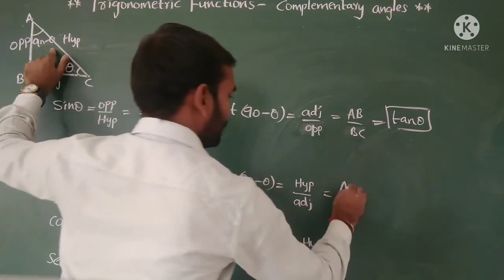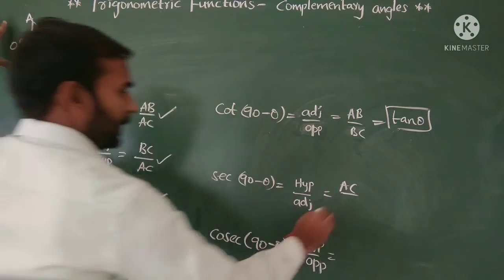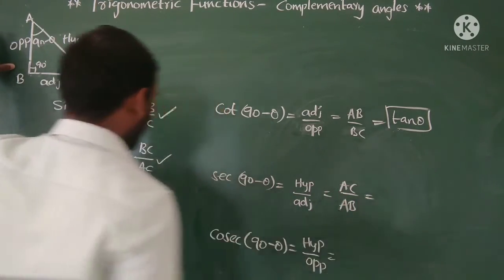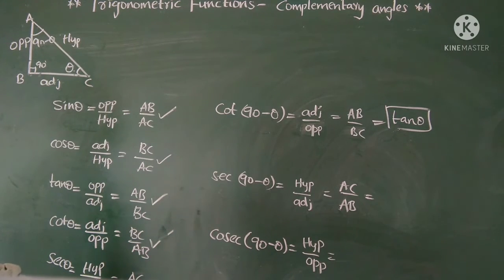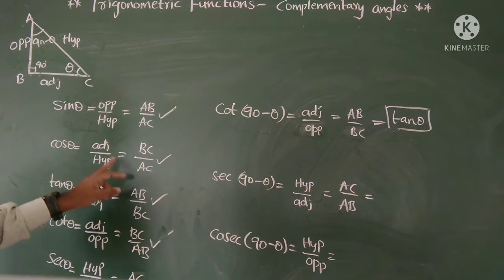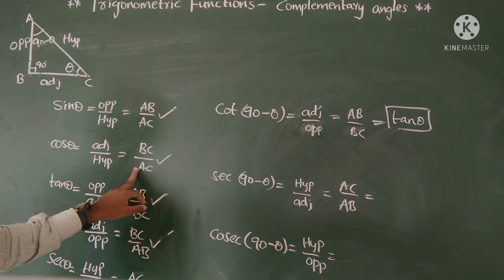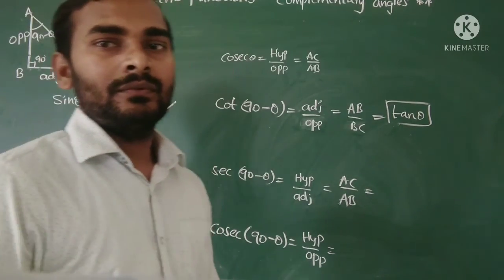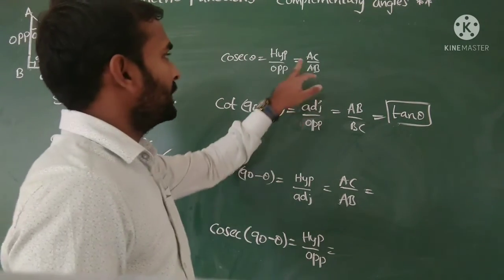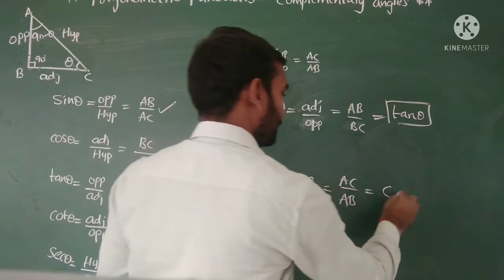Hypotenuse is AC, adjacent is AB. AC by AB, this is cosec theta.